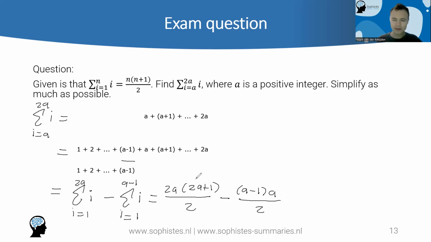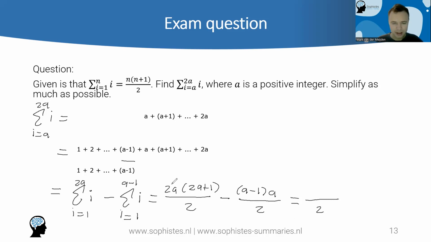And here we go. We are getting something. So we now have this formula here, and now we only need to simplify it, and then we have the final answer.